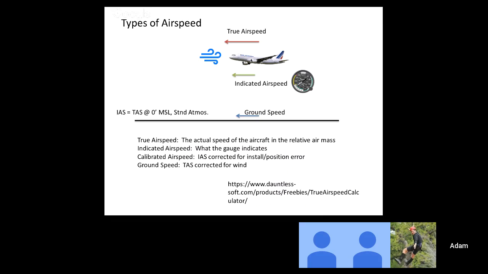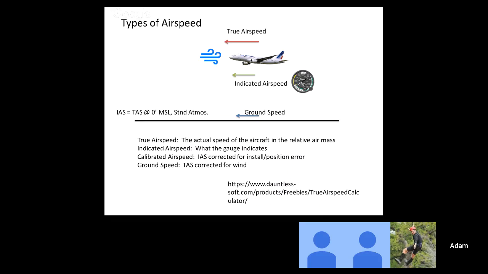And you might have heard some of these definitions in other contexts before, but you've got true airspeed, indicated airspeed, ground speed, and you've got this thing called calibrated airspeed. And they all are different. Very infrequently will any of these values be the same. But we're going to go through them one by one here.